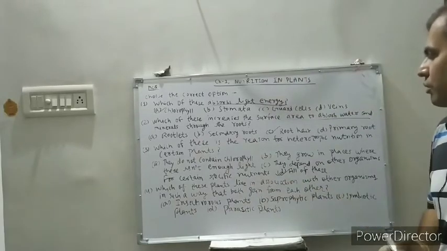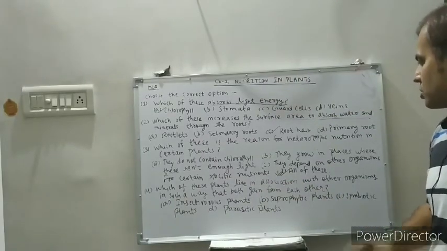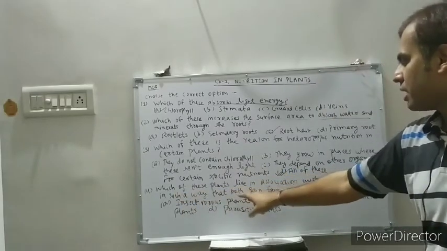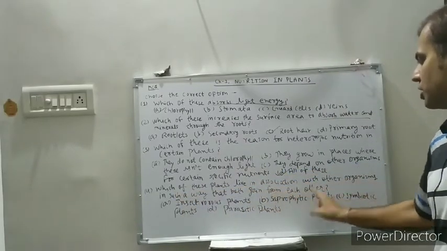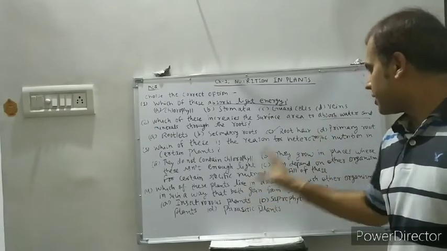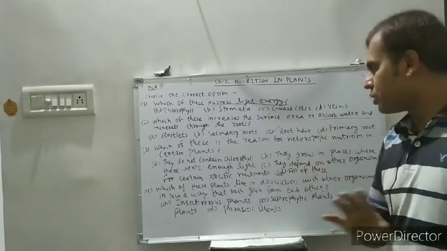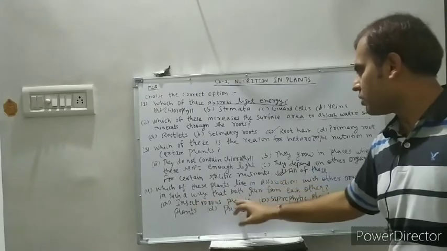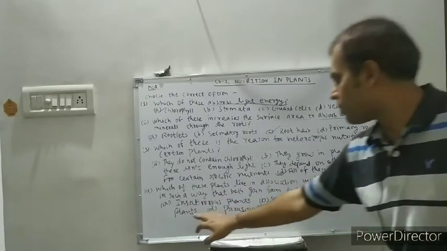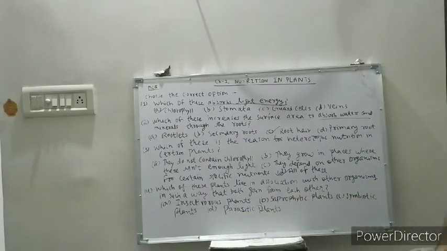Fourth question, which of these plants live in association with other organisms in such a way that both gain from each other? See, the heterotrophic plants are divided into these categories: insectivorous plants, saprophytic plants, symbiotic plants and parasitic plants.